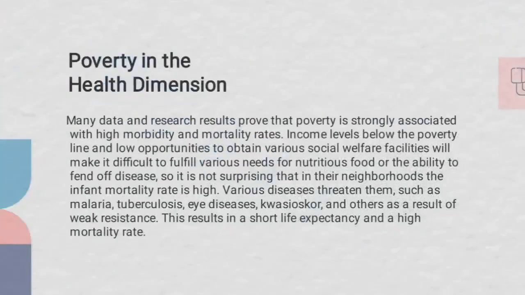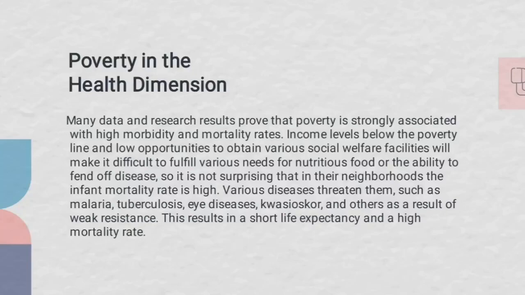Next, poverty in the health dimension. Many data and research results prove that poverty is strongly associated with high morbidity and mortality rates. Income level below the poverty line and low opportunities to obtain various social welfare facilities will make it difficult to fulfill various needs for nutritious food or the ability to fend off disease.